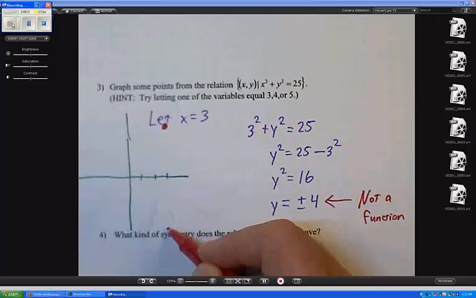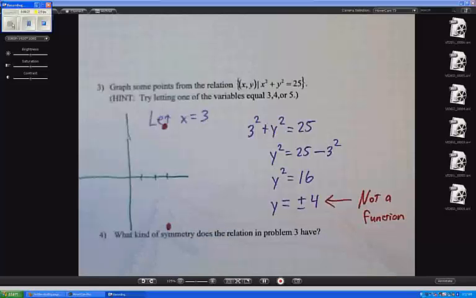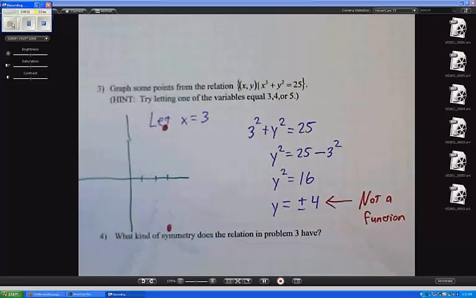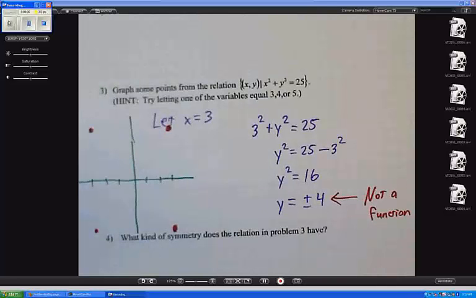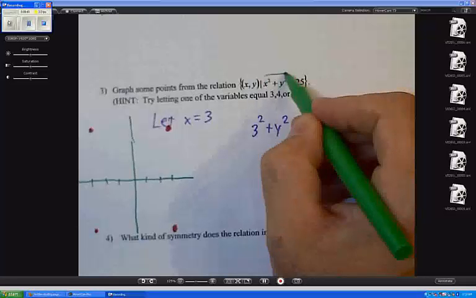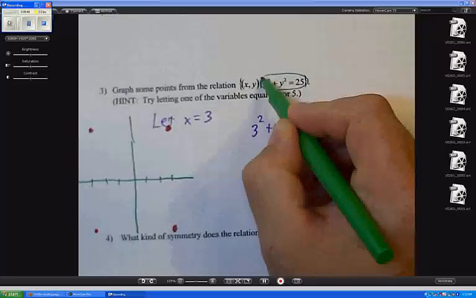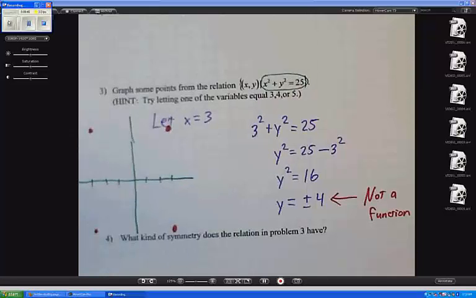You guys see that? I like to explain functions using the video game analogy. So number 3 is not a function. By the way, do you guys know what this equation would look like if you graphed all the points? It would look like a circle.